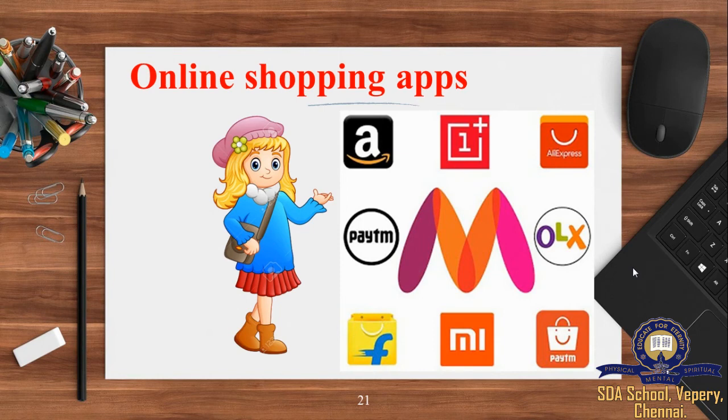Not only mobile applications, you can access this on your system also. These online shopping apps help you to select your products and order them. It will be delivered to you on time. Whichever time you want to receive it, it will be delivered at that time. That is the convenience of online shopping applications.